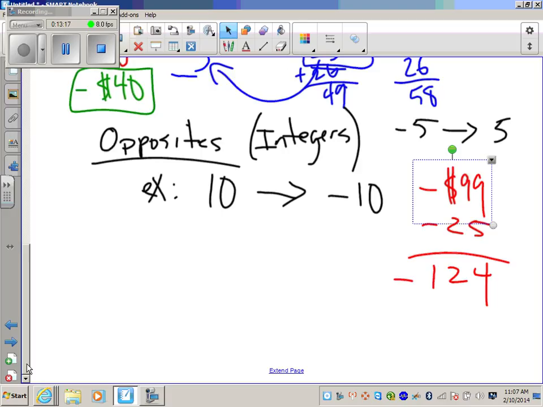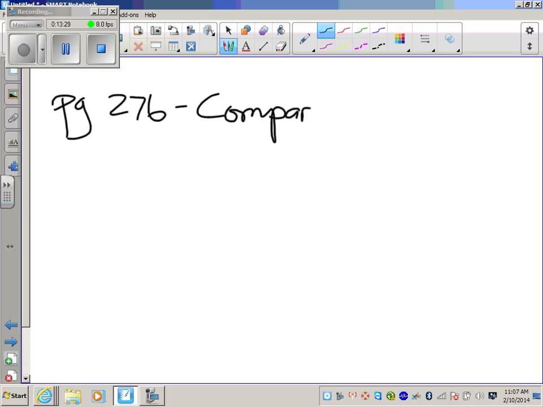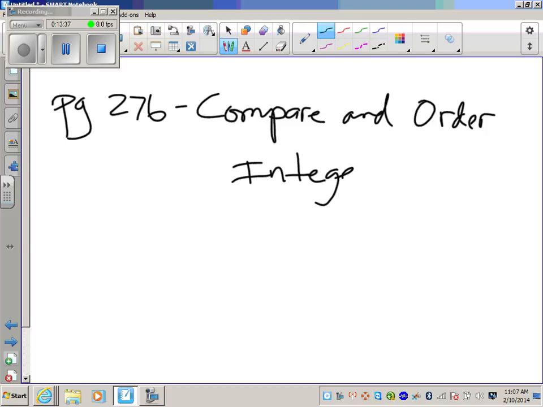Turn to page 276. Compare and order integers. Okay.